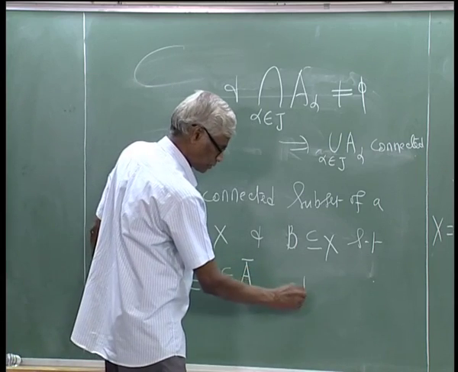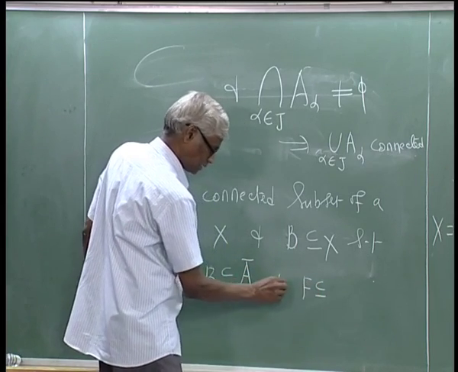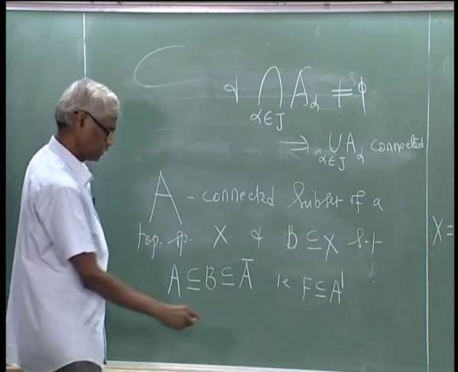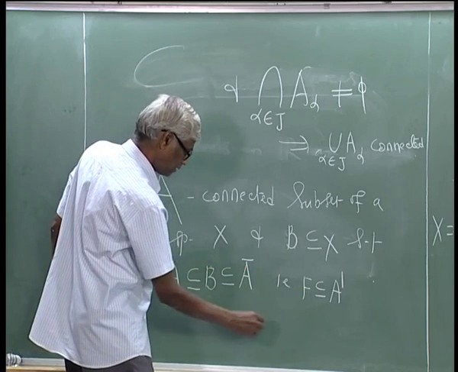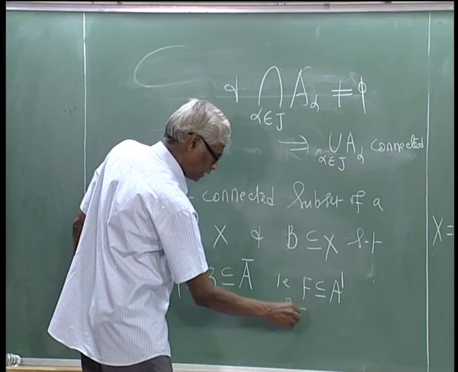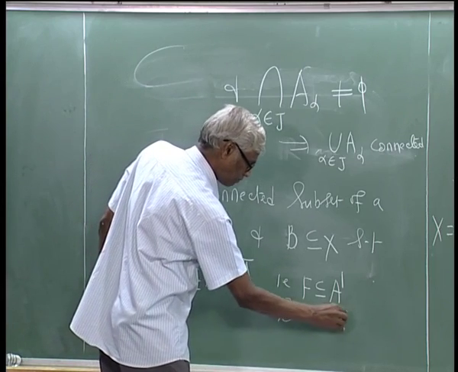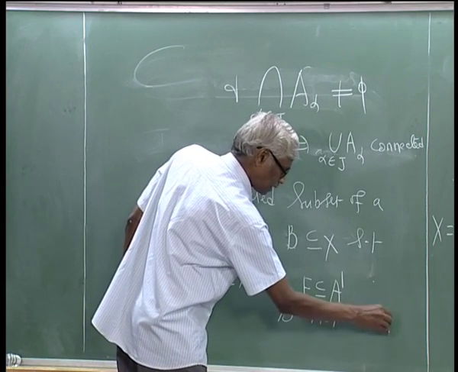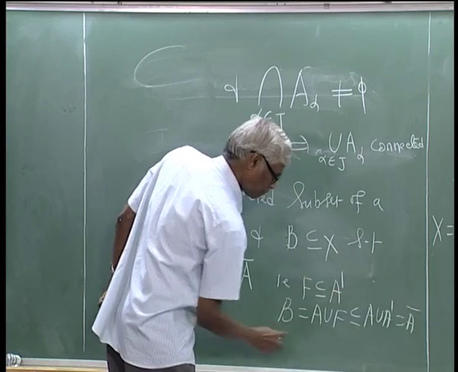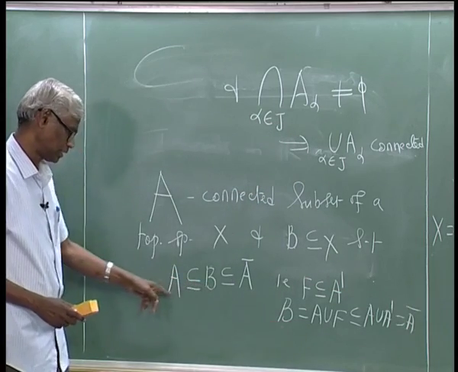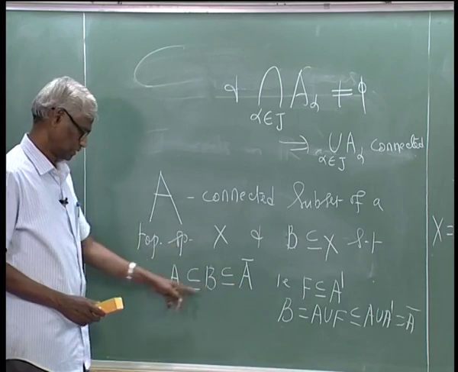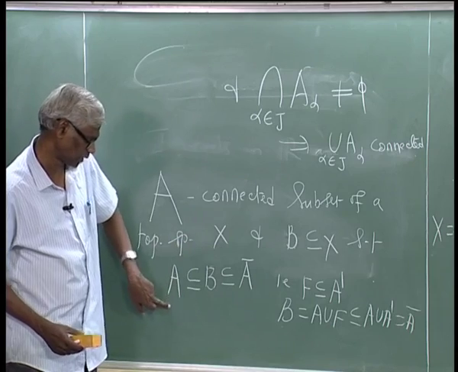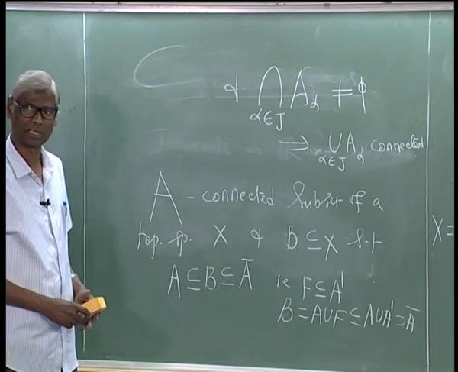Suppose F is a subset of the limit points, then B is our A union F, which is a subset of A union the set of limit points, that is our closure. So the set B is between A and A closure. Then it is easy to prove, assuming that it has a separation, that the set B is connected.